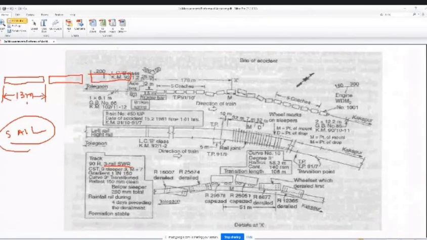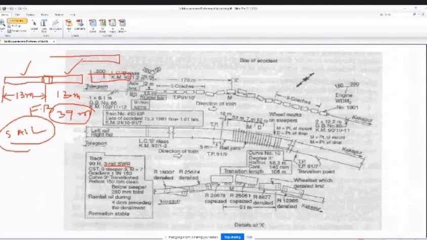In the rail workshops, this rail and this rail will be welded together with the help of flash butt welding. So 13 plus 13 welded makes 26 meters. Another one welded makes 39 meters. If 3 rails are welded in the workshop, that rail length will be 39 meters.